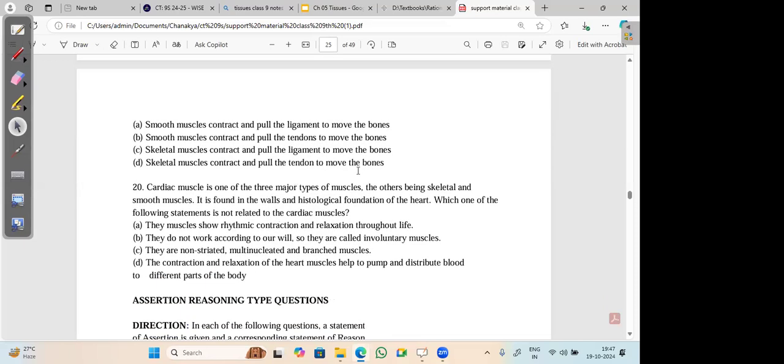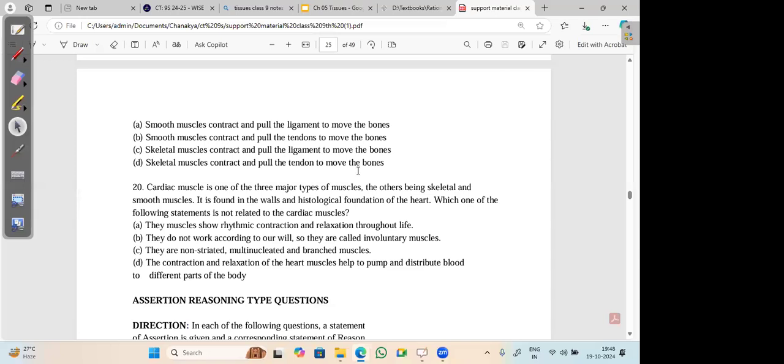Okay. So what are ligaments? Harshit? I just want to know what are ligaments and what are tendons.